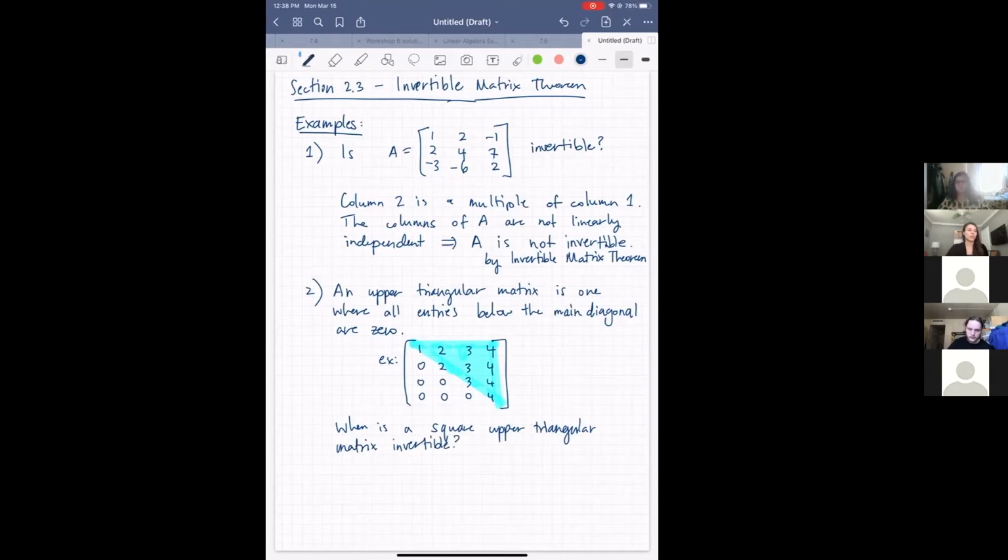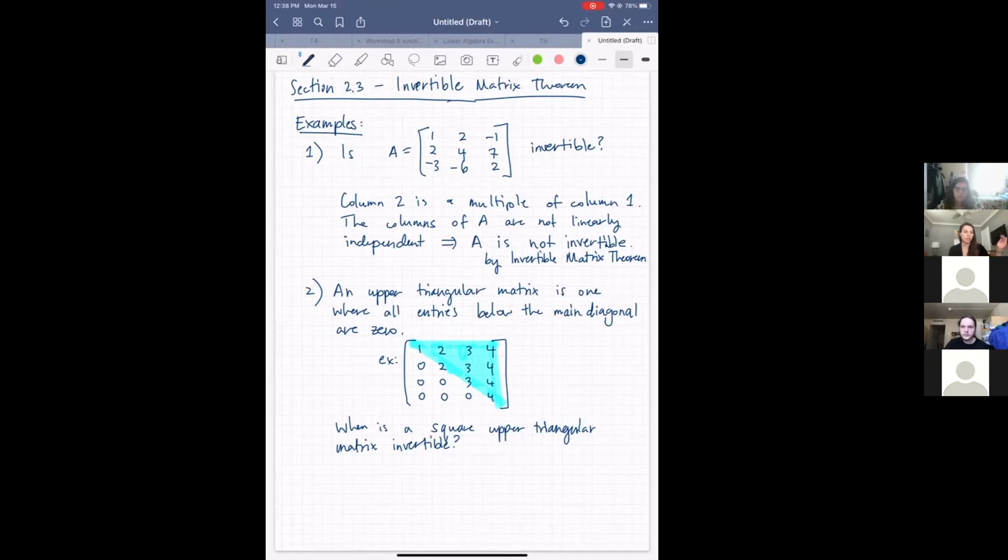Question mark. Okay, so hopefully you can look back at your notes for the invertible matrix theorem, right? And what do you think we should use to deal with this particular situation? We don't have that much information about the matrix, just that it's upper triangular, right?